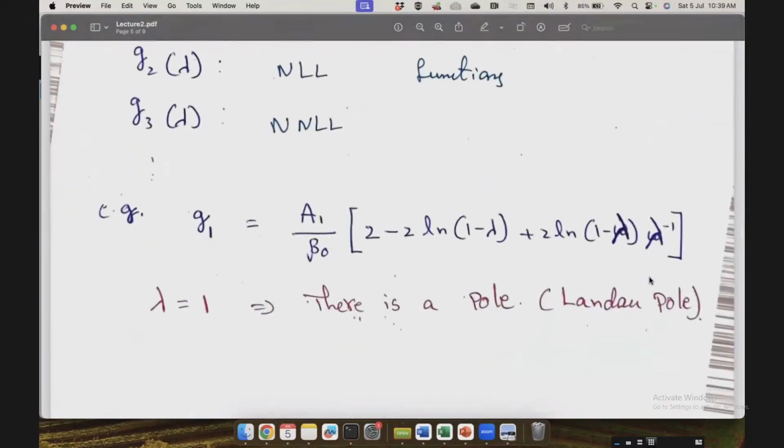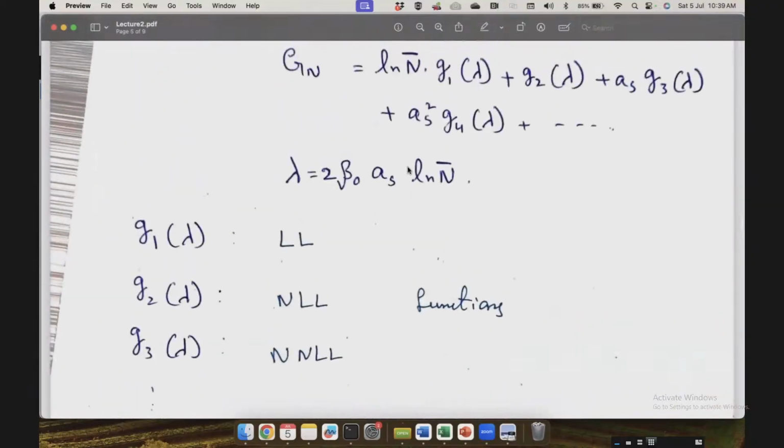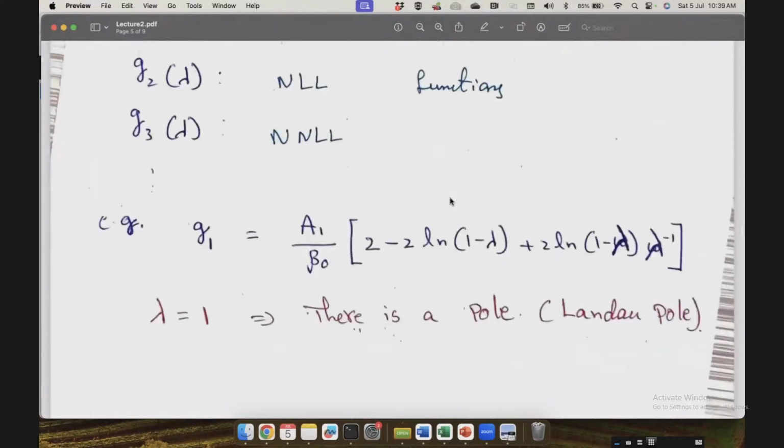The problem is only for large values of n. When n is becoming very large, it will hit the Landau pole, and there is some physical connection. Even in the evaluation of the coupling constants, you will see this kind of problem in the RG evolution of the QED coupling.